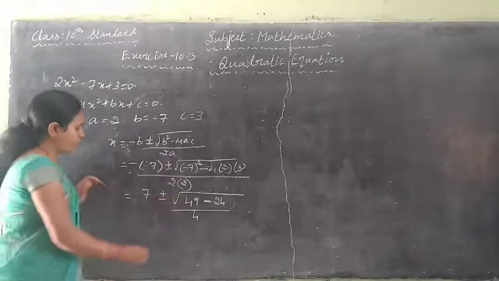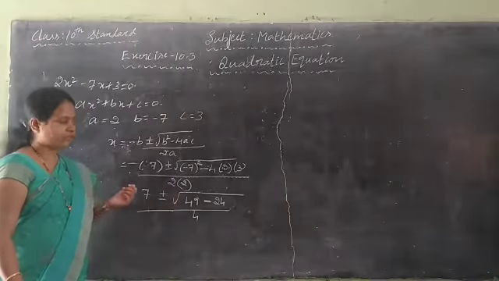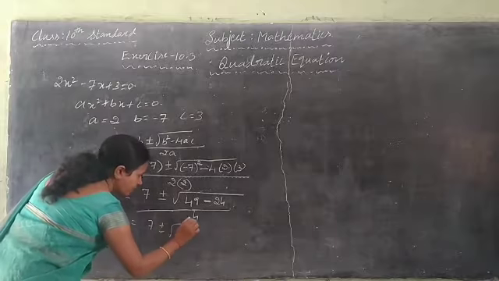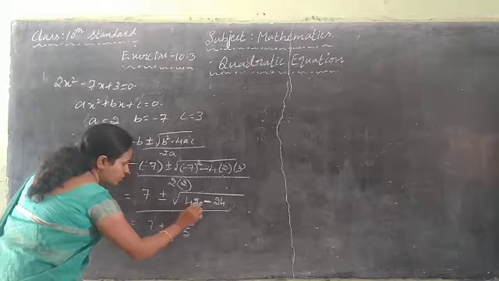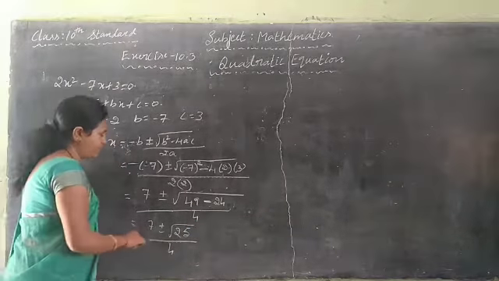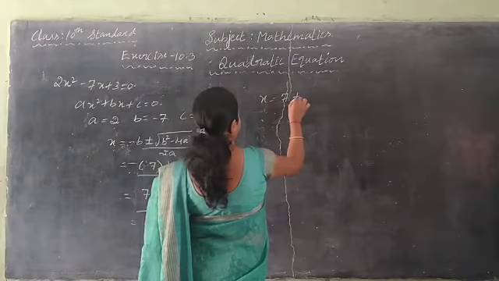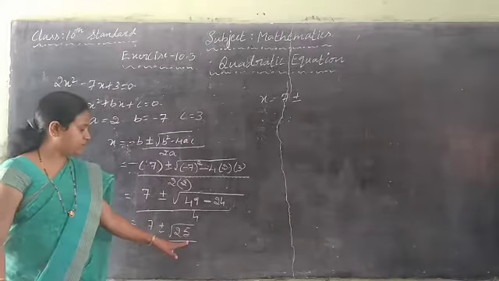Now subtract 49 minus 24. When you subtract, 9 minus 4 is 5, 4 minus 2 is 2, that is 25, divided by 4. So x is equal to 7 plus or minus root 25 divided by 4.